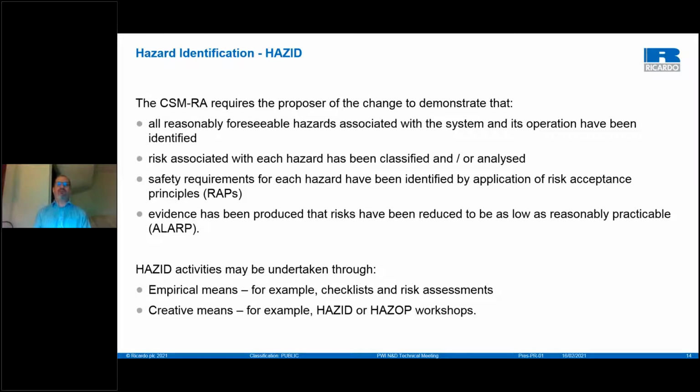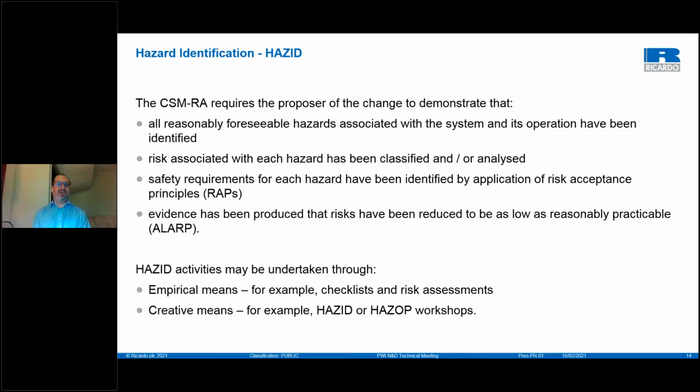And through that, the management of those hazards to be tolerable so far as is reasonably practicable needs to be undertaken through application of safety requirements. And the evidence that those safety requirements are complied with needs to be produced to demonstrate that you have reduced those risks to be as low as reasonably practicable.